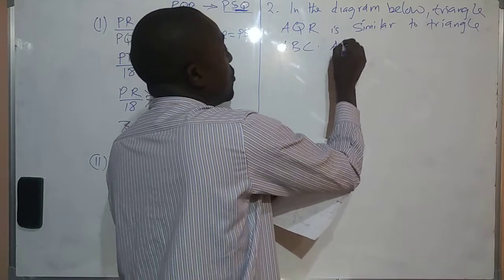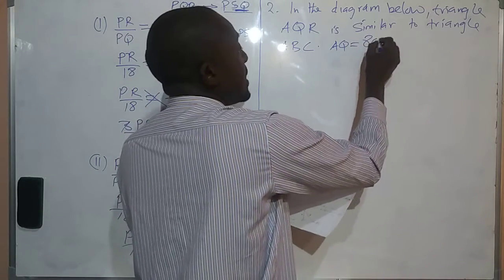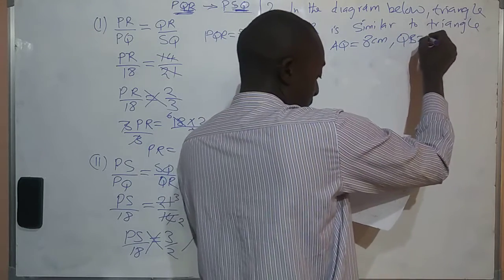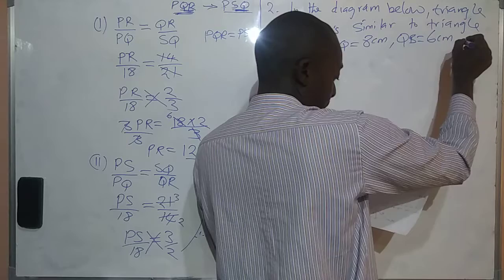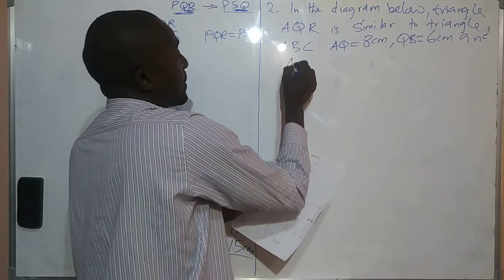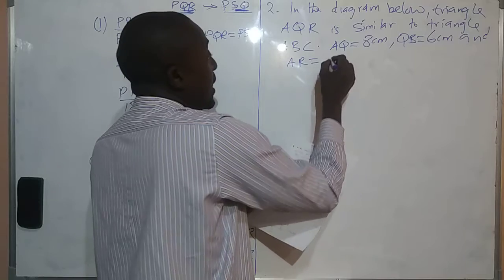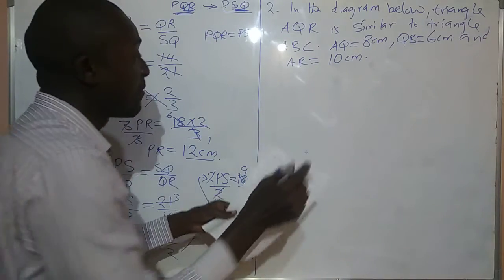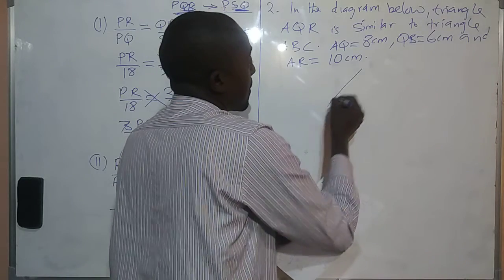AQ is 8 centimeters, QB is 6 centimeters, and AR is 10 centimeters.